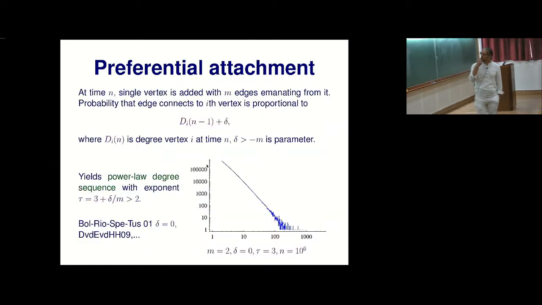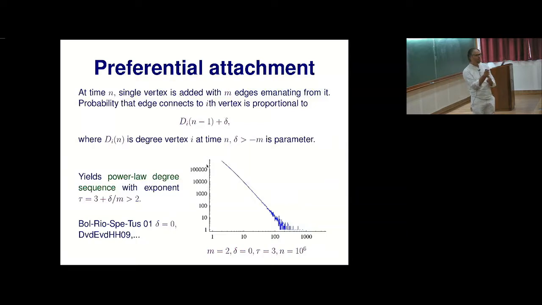So what is the model exactly? I'm not describing the model by Albert and Barabasi, but a slight generalization of it, which actually is important. So dynamically, at time n, a vertex comes in to the network.